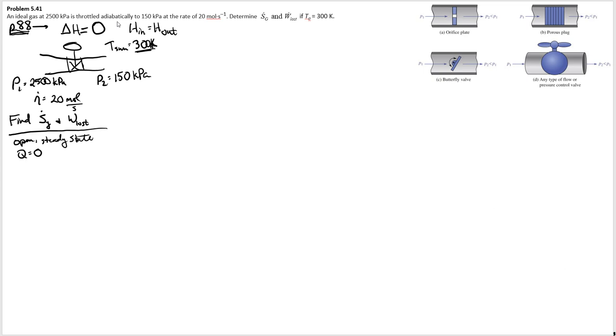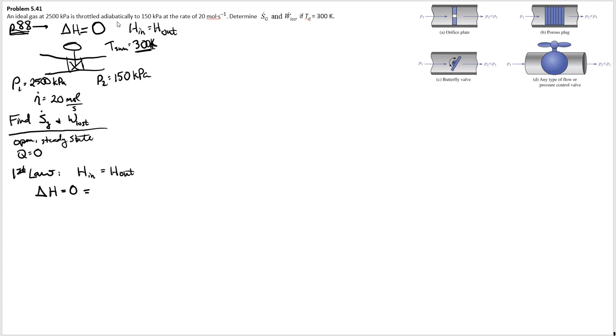We aren't given a temperature here. The answer partially lies in this energy balance from the first law, which says H in is equal to H out, or delta H is equal to 0. This is an ideal gas. If delta H is equal to 0, then what has to be true?